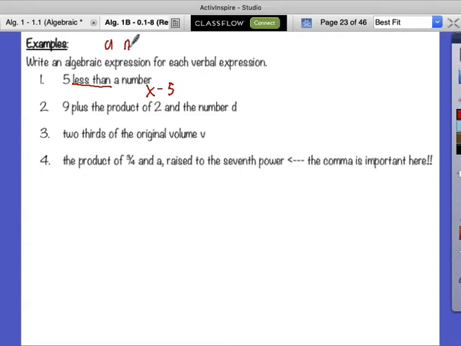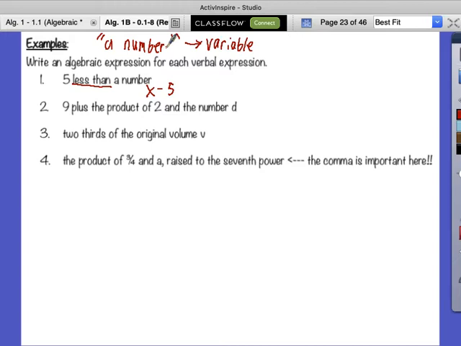If you just see the phrase a number, it means you have a variable. And unless it says a certain one, you can use whatever variable you like.